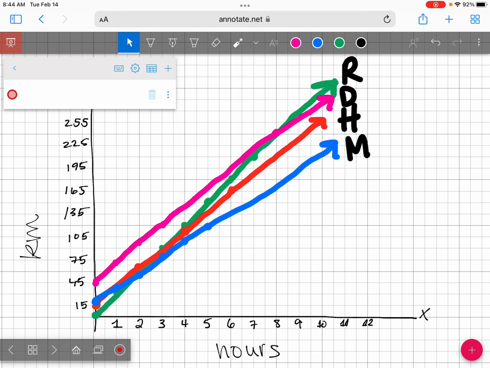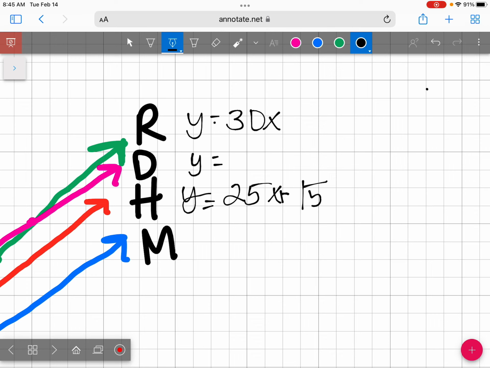Helen's was y equals 25x plus 15. Dan's was y equals 25x plus 45. And Maria's was y equals 20x plus 20.